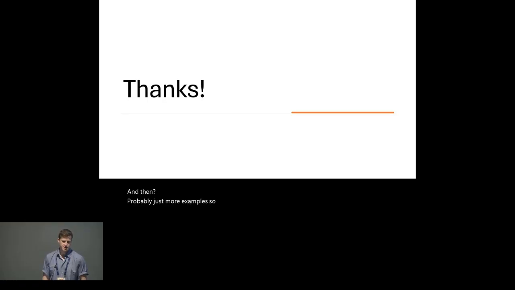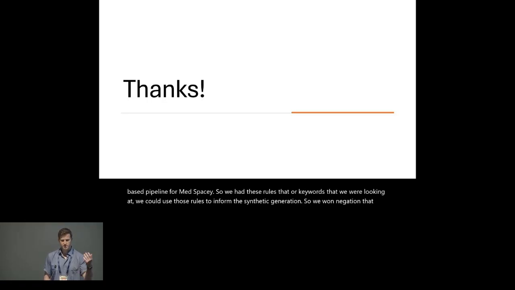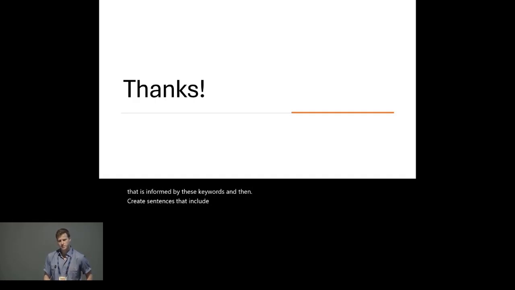We picked 13,000, but there's no reason why we couldn't do more. One thing I was thinking of is that we had a rule-based pipeline for MedSpaCy. So we had these rules or keywords that we were looking at. We could use those rules to inform the synthetic generation. So we want negation that is informed by these keywords, and then create sentences that include those explicitly. So that's something that we're thinking about.